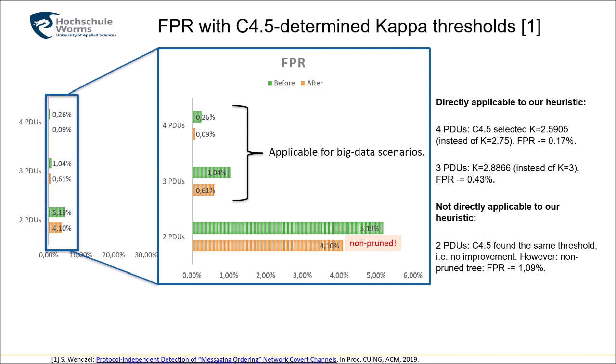Usually you prune trees, and I didn't do this because I wanted to know what's the maximum I could achieve here, and this is why I used C4.5. I still think one should go with not so fine thresholds, because then you get a higher false positive rate, but you are also capable of handling more traffic scenarios nicely.